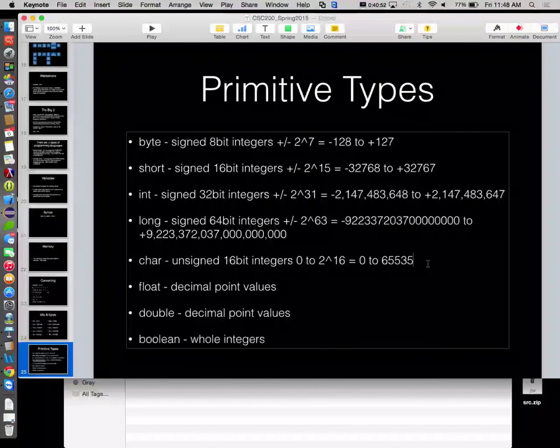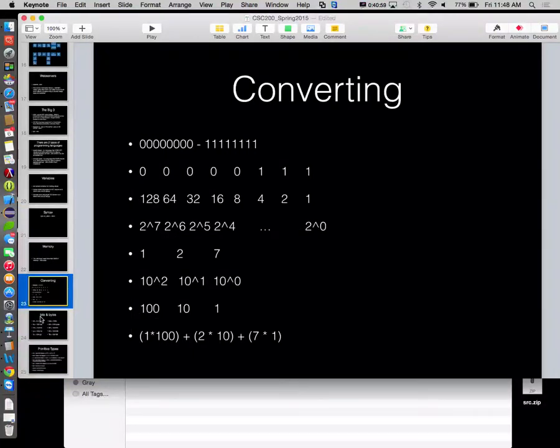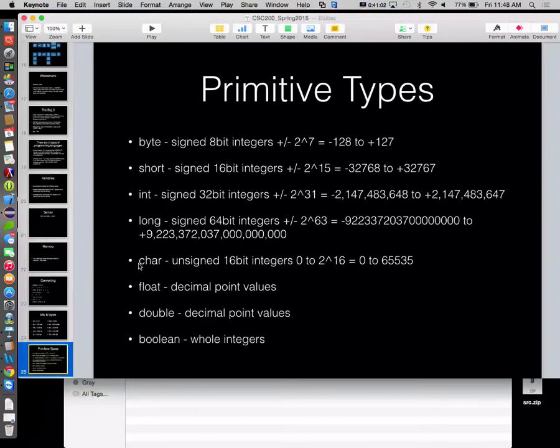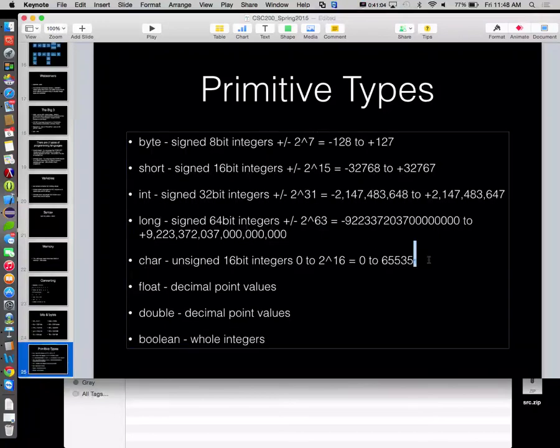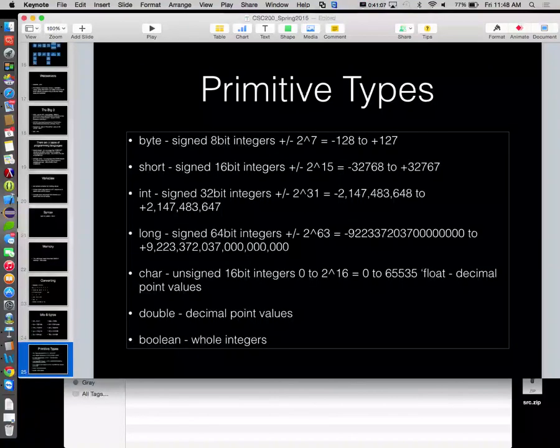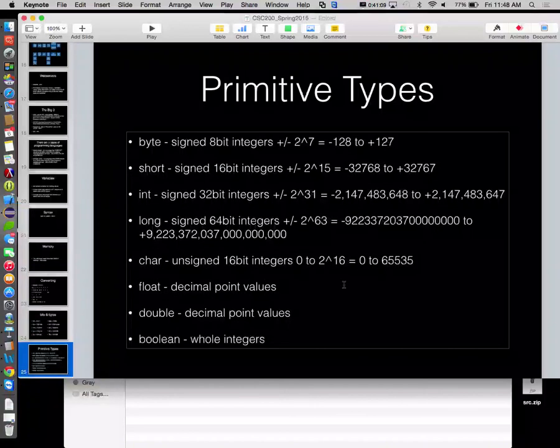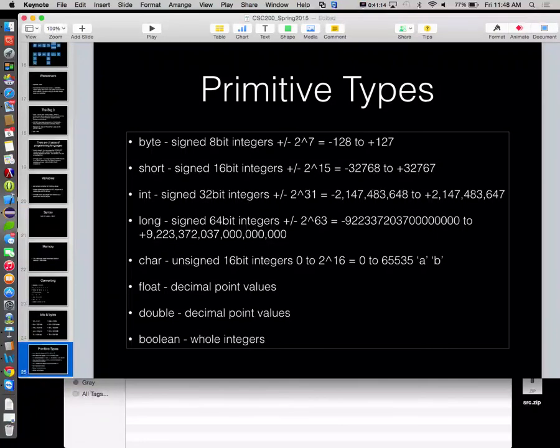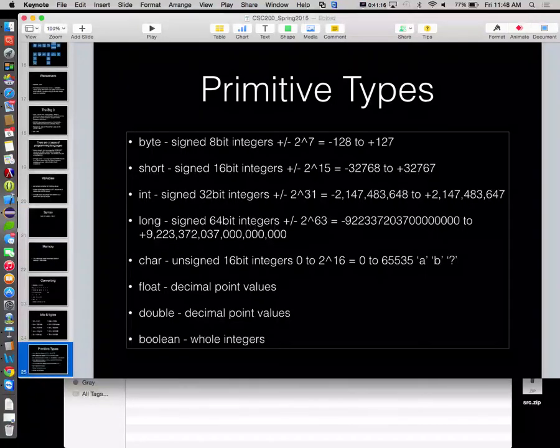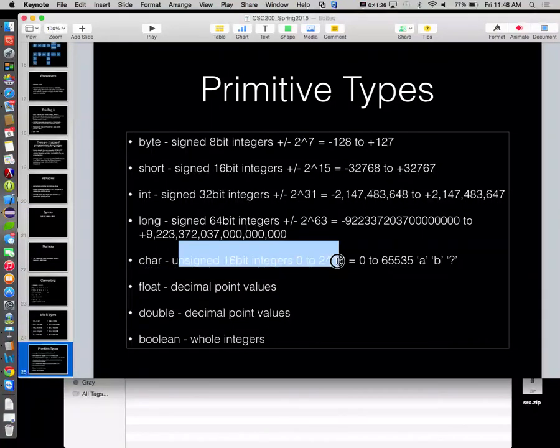Well, if they're not numbers, then there's no relevance to positive or negative. Well, what these guys are made for is holding things that look like A or B or the question mark. Stuff like that. These aren't numbers, are they? Those are characters to us. But I'm telling you that chars actually hold them like this. They hold them as numbers.